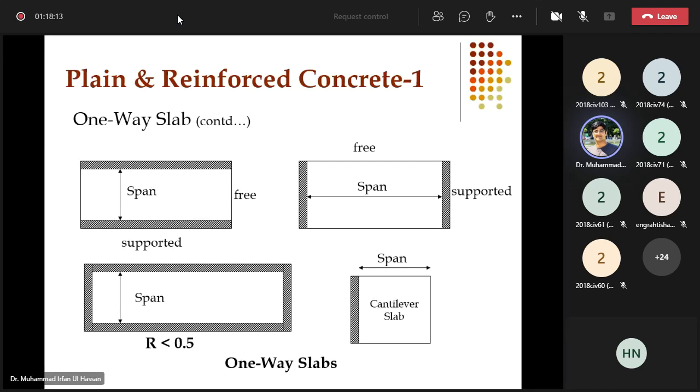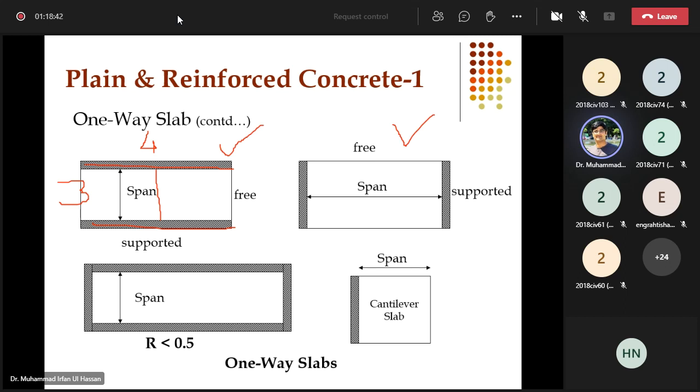The first important thing is that you must see the bending action, not the aspect ratio. Aspect ratio is the second criterion. Say this slab is resting only on two sides. Whether it is 4 meter by 3 meter, it will be a one-way slab. Why? Because it is resting only on two sides, so it will bend in one direction, only in the longer direction. So bending action dominates here.